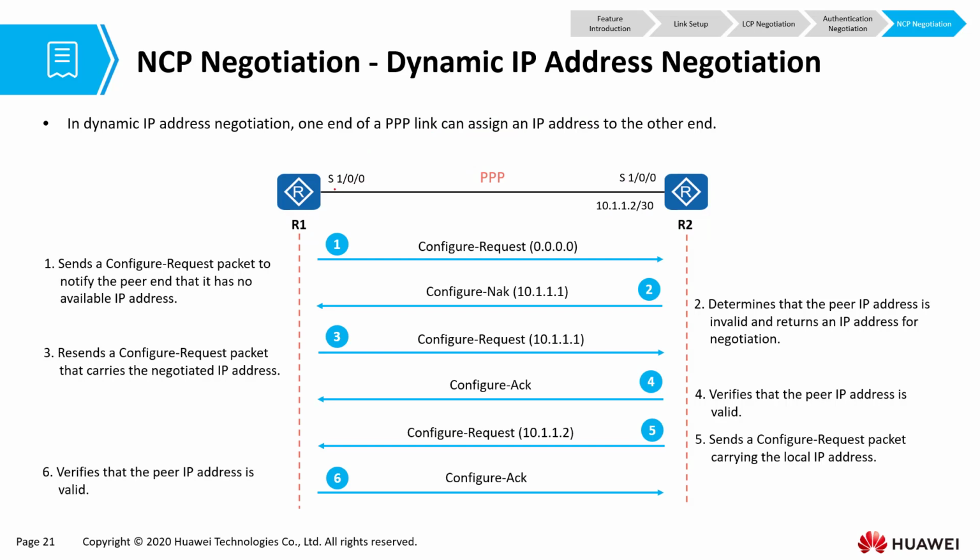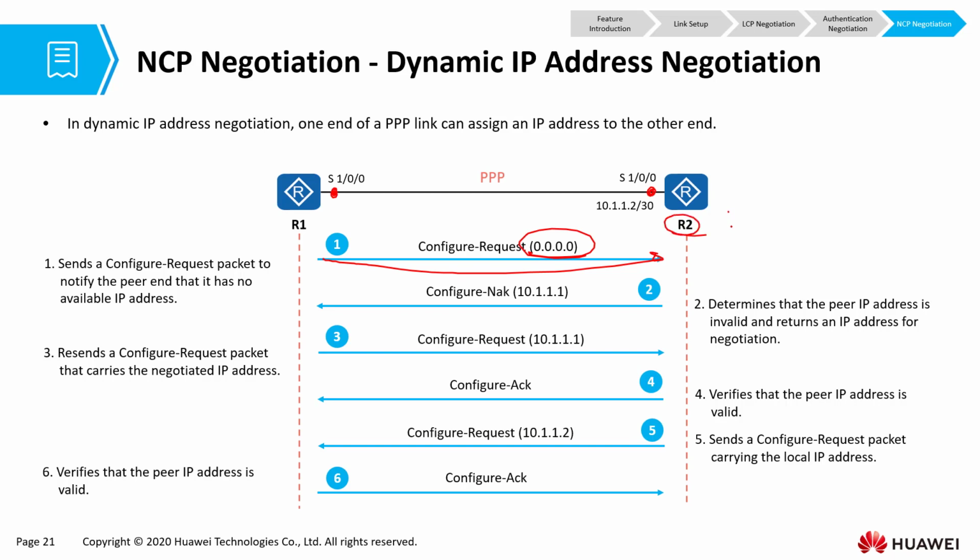In this example, router 1 node says that they're using PPP and the link is up, but he has no IP address. So he sends a configure request packet saying, hey, I have no IP address by the way, but we really need to talk. So this 0.0.0.0 address is what R1 uses to request R2 to assign it an IP address.